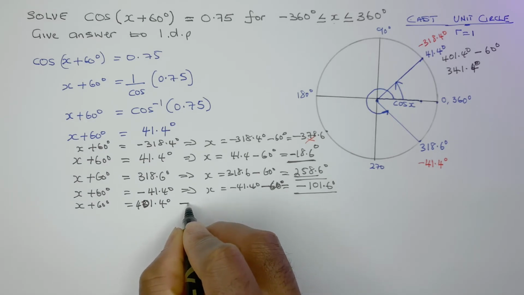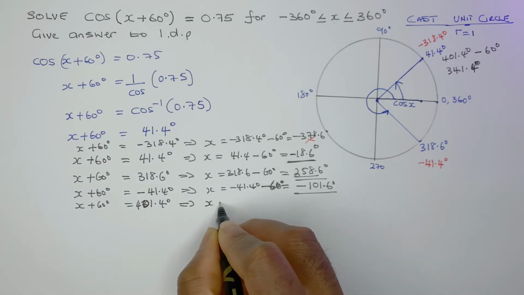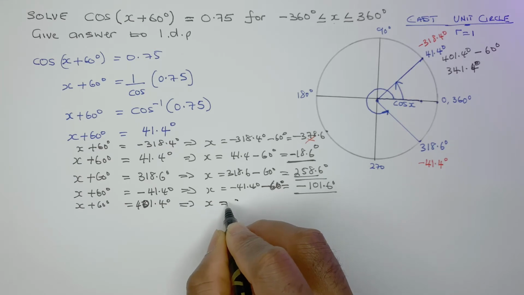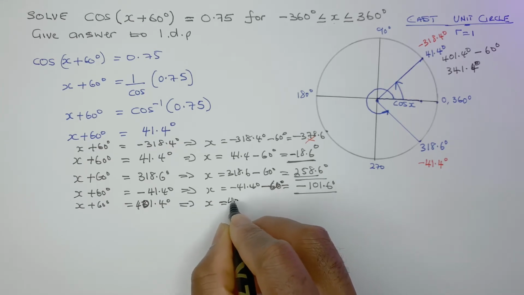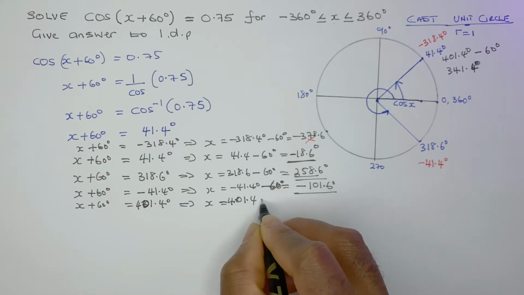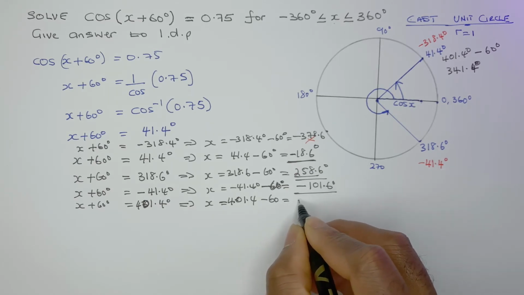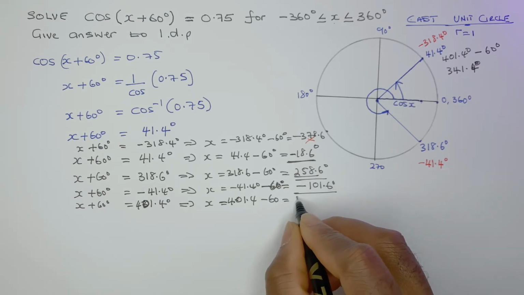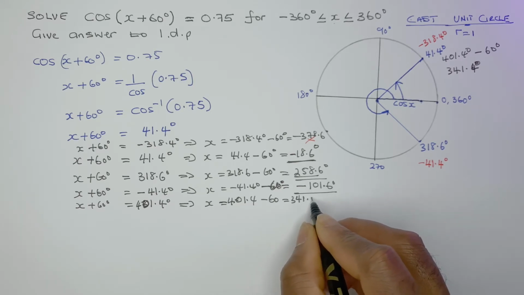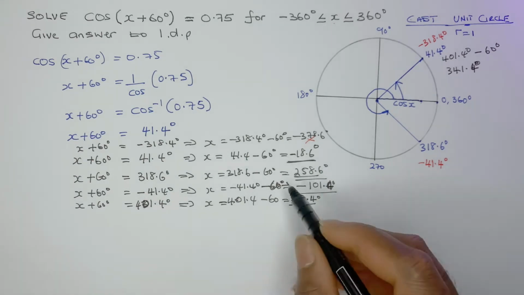So that then becomes x: 401.4, take away 60, and that gives 341.4 degrees. So these are the results we need.